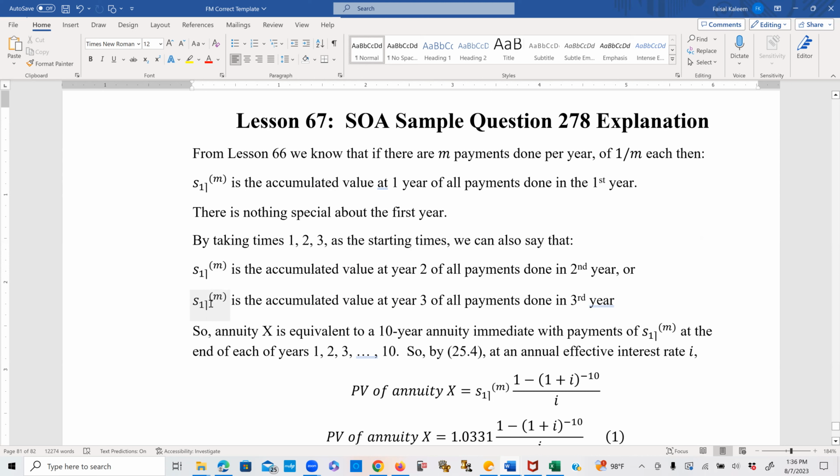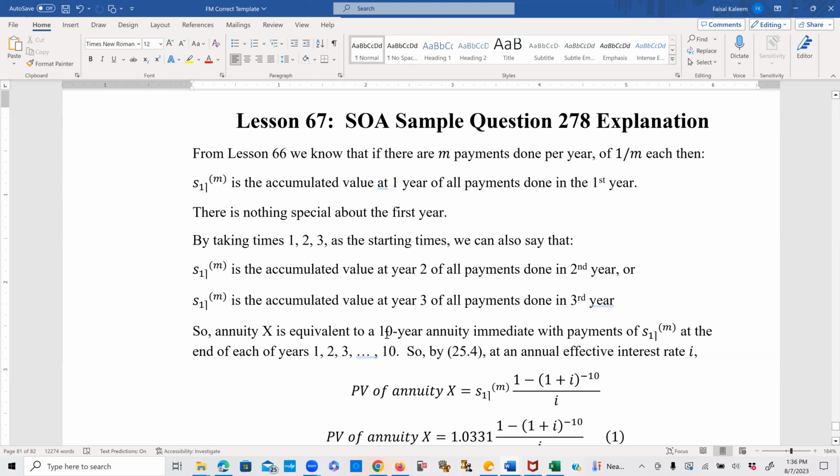So therefore, annuity X is practically an annuity immediate where we have each payment as S1M, and it's an annual annuity immediate in that regard, because all the payments that occur during a year can be evaluated at the end of the year to be equal to S1M.